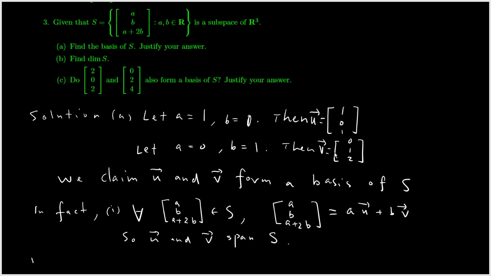Secondly, now let's recall the shortcut method we mentioned last time: how to determine if a collection of vectors is linearly independent. To determine if a set of vectors is linearly dependent or independent, we form a matrix with the components of U and V in columns.